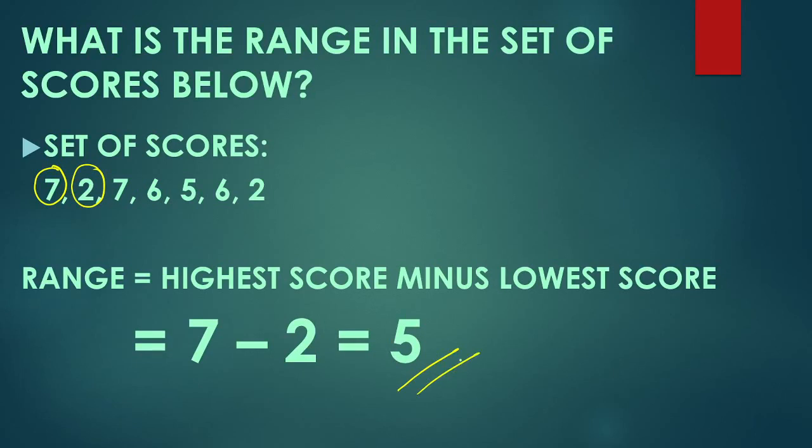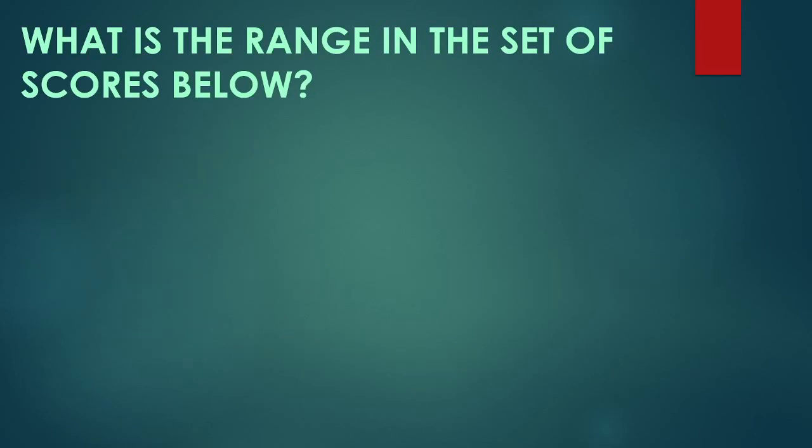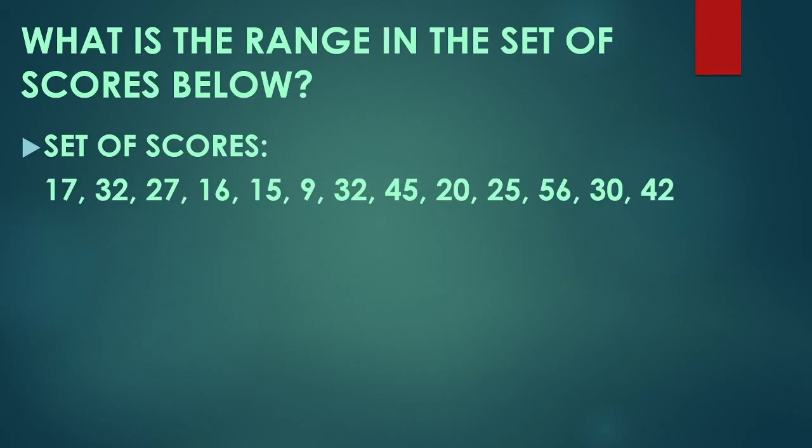Okay? Let's have our second example for the range. What is the range in the set of scores below? So you have there 17, 32, 27, 16, 15, 9, 32, 45, 20, 25, 56, 30, and 42. What is the highest score? 56.